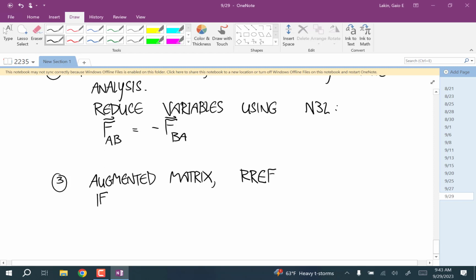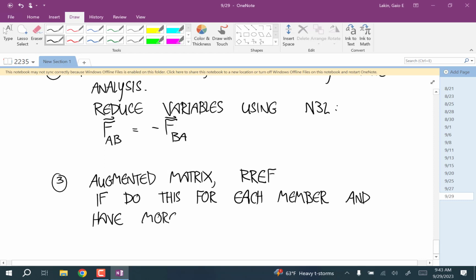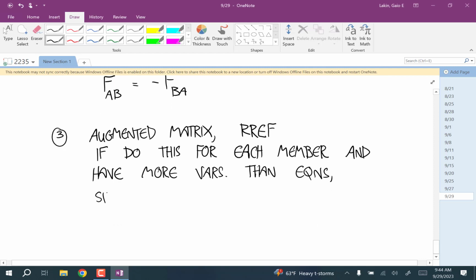If you've done this for every body, for each member, let's say, and you have more variables than you have equations, that means that the problem's statically indeterminate, or you messed something up, actually more likely.